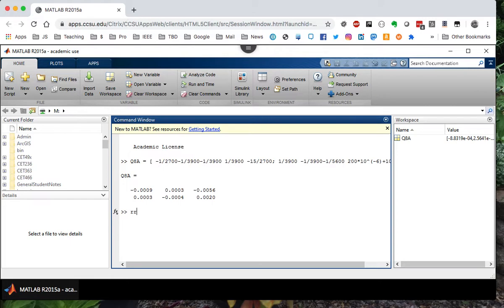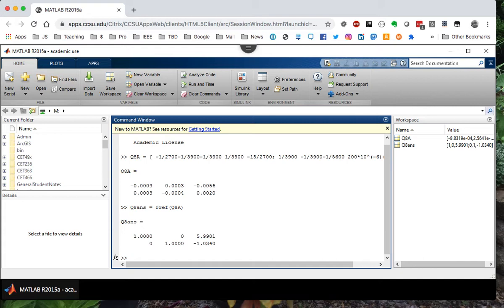Okay, and then our answer will be Q8 ans, the RF of Q8A, and it looks like we're getting a VB of 5.99 volts.